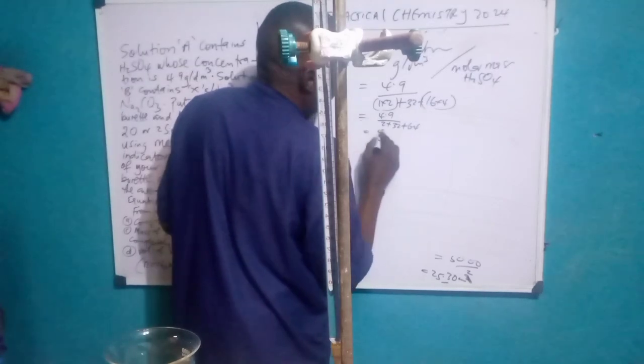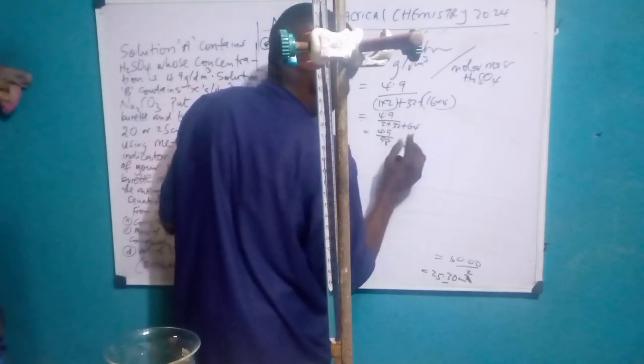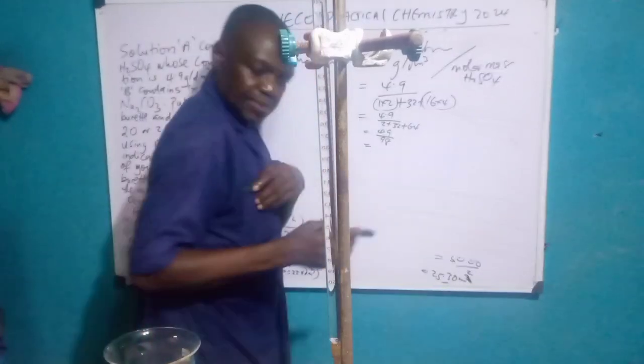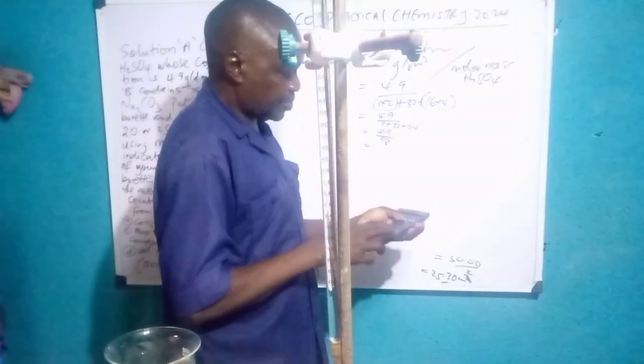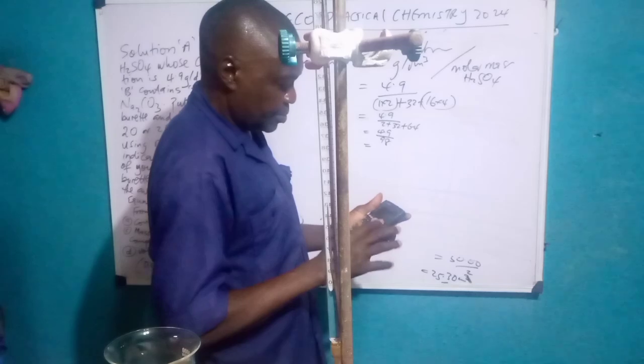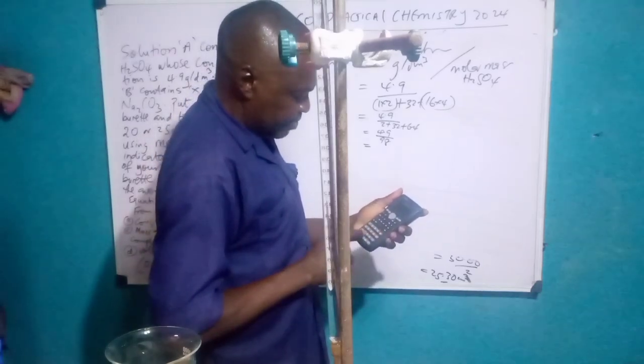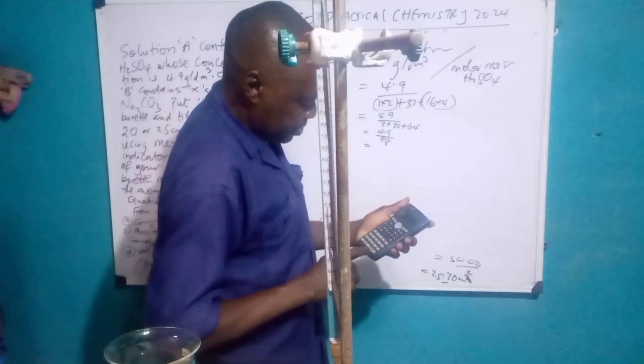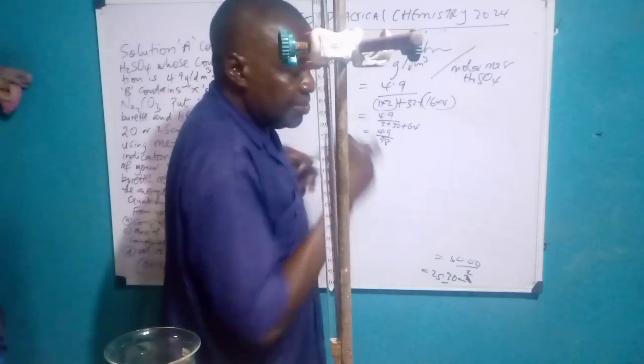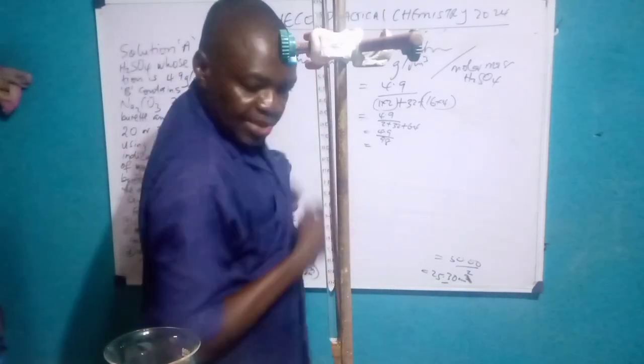It gives you 4.9 over 98. Let's see what you have. 4.9 divided by 98 gives 0.05.